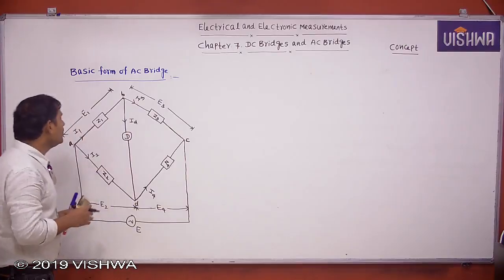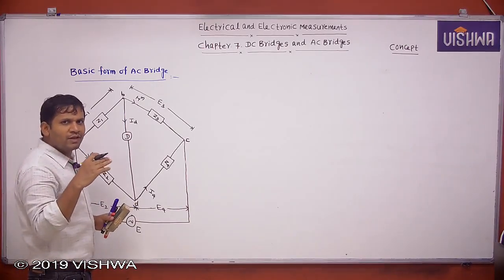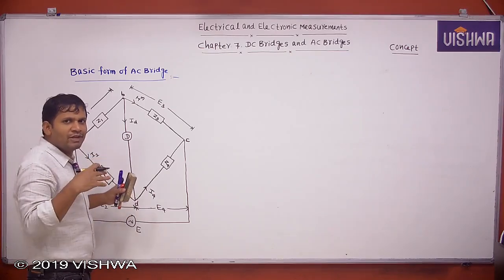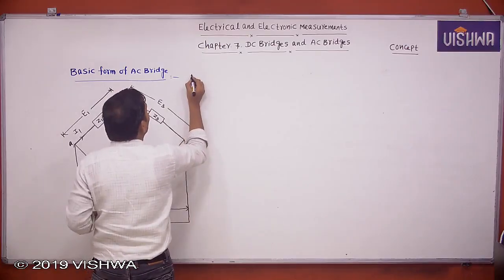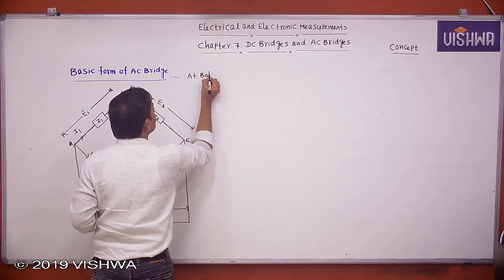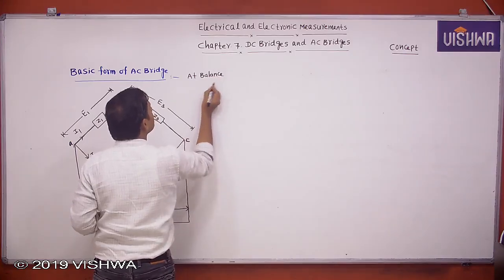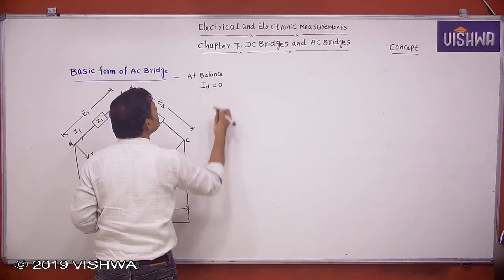Tell me, just by seeing the bridge, how can you tell that the bridge is balanced? Yes. At balance, if the current through the detector is 0, then we can say that the bridge is balanced.